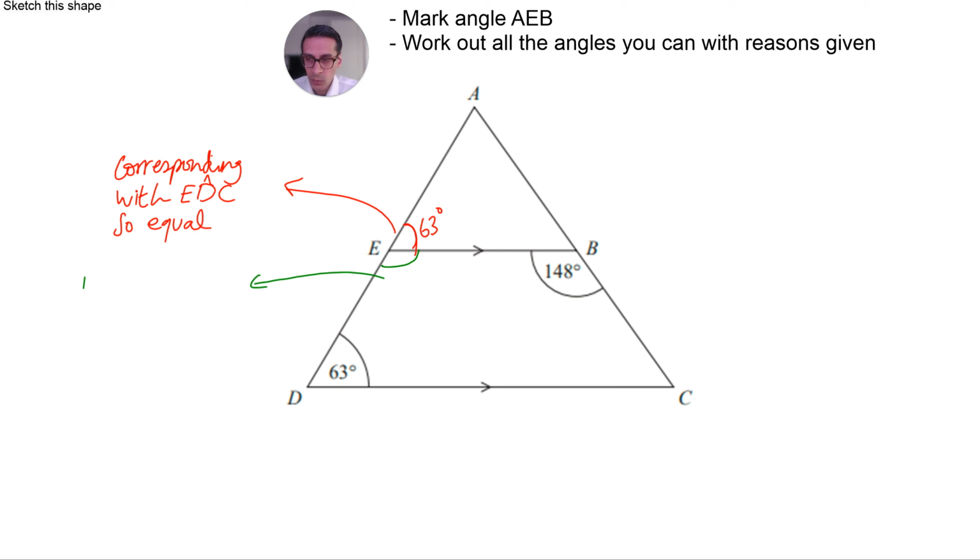So 180 minus 63, which is 117 degrees, because angles on a line sum to 180. We could have used many other reasons as well. So that's going to be 117.